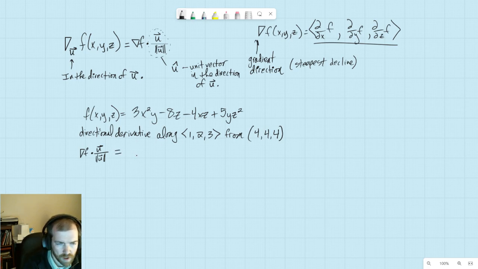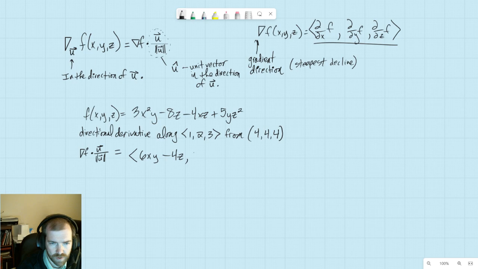Okay, so del f is going to be, no, that's a vector. Del f is going to be a vector denoted by the partial derivative of f with respect to x. So the first term is going to drop the 2 down. It's going to be 6xy. Second term has no x's. Third term has an x. That's going to be minus 4z. Fourth term has no x's. Comma. First term has y's.